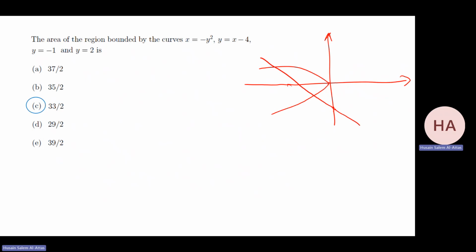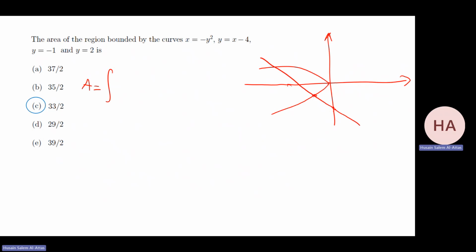The line. And I will do the strip this way, which will always give me one area. And he wanted y equal minus 1 and 2, not all of it. Y equal minus 1 is this one, and y equals 2.